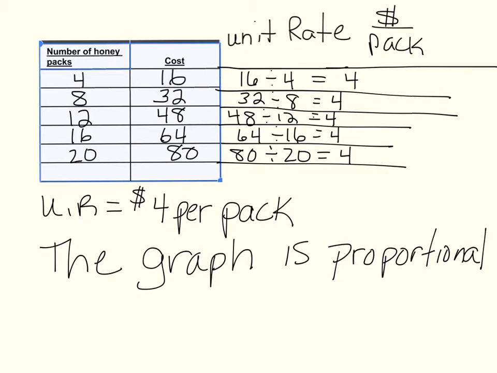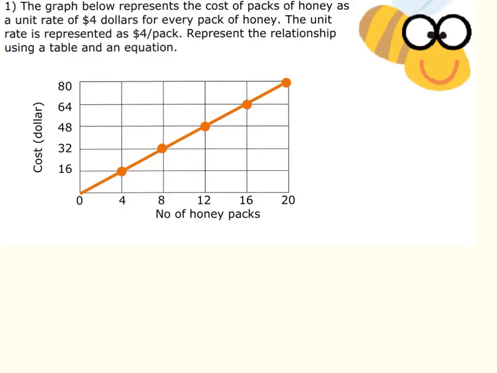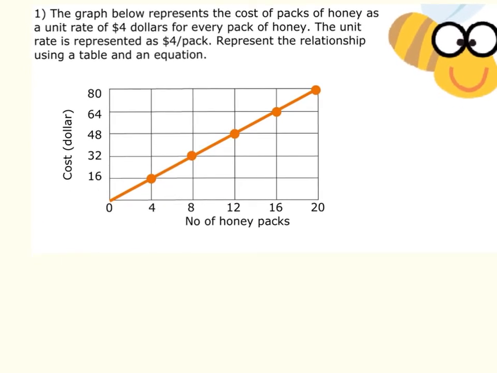So in case you forgot, I want you to do a little sketch of the graph, and let's take a look at what that looks like. Oops. So here we go. We have the graph. It's telling us the unit rate is $4 for every pack. So this is proportional.